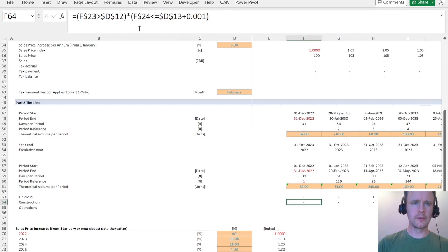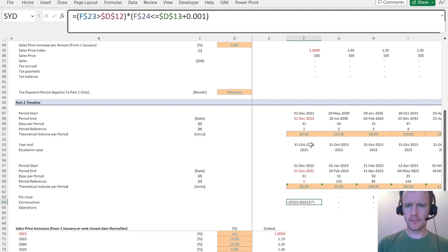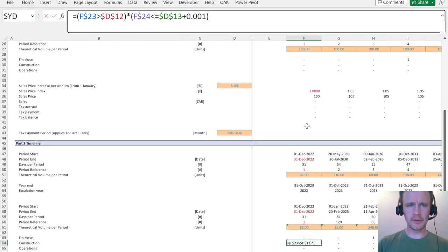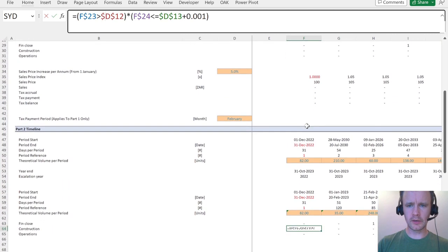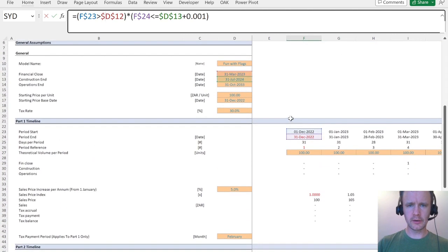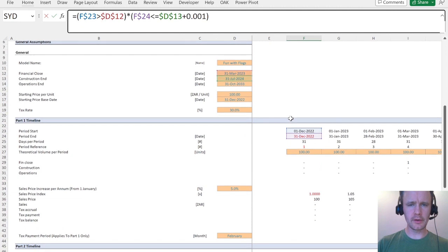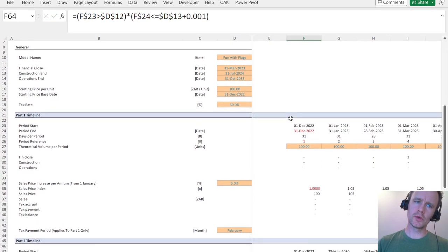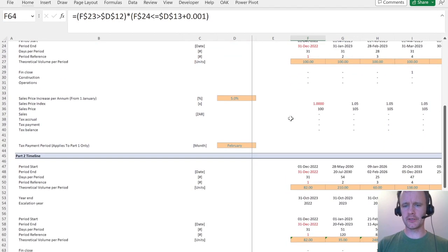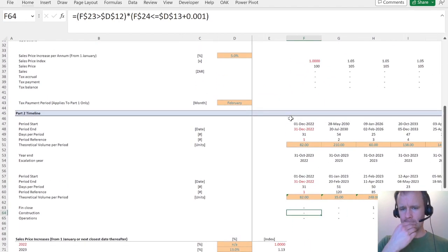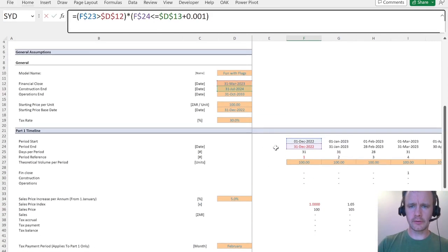Yes, good. Now, here I think I just need to copy these down. So instead of being 12, oh, but hang on. Yeah, greater than that. No, I have to change the logic here. If the start date is greater than, yeah, no, sorry, that's still the right logic. Never mind.